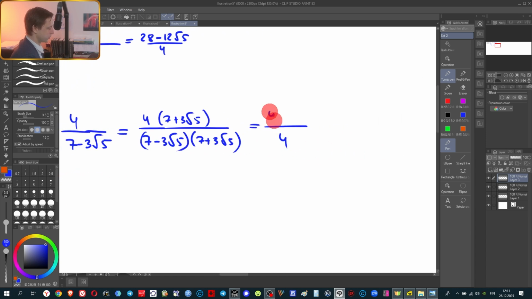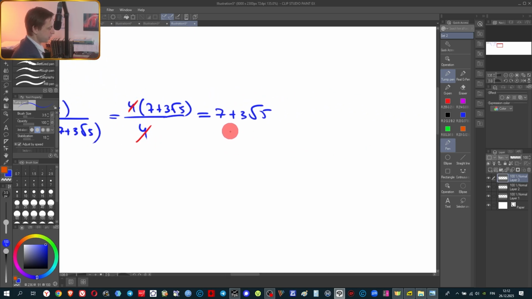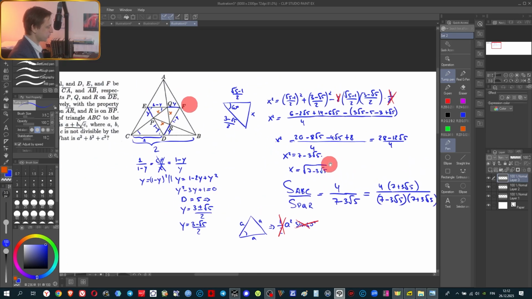Here we also have 4 on the top, times 7 plus 3 square root of 5. So 4 cancels out, and the total value is 7 plus 3 square root of 5. And it is the ratio of the areas, and we were looking to represent it in the form a plus b square root of c, where c is a square-free number.